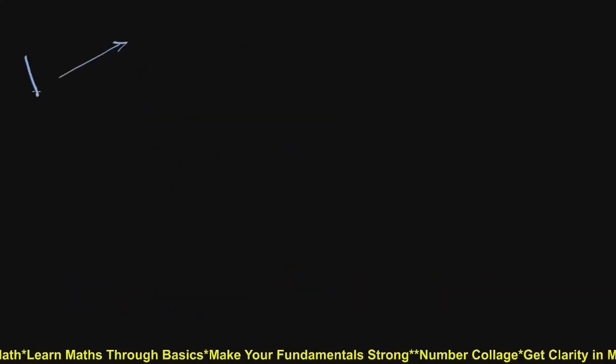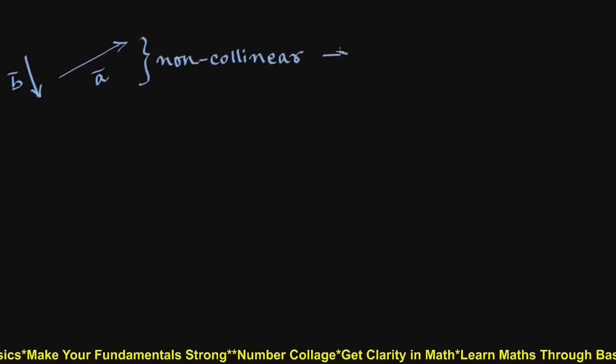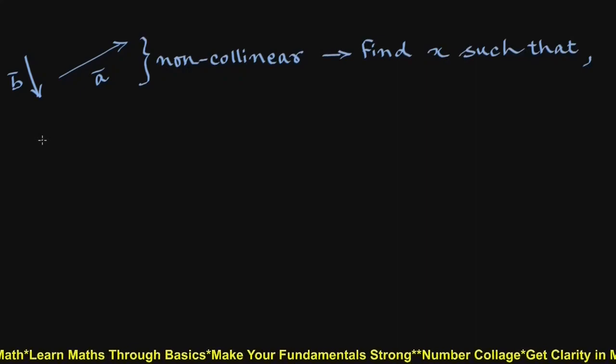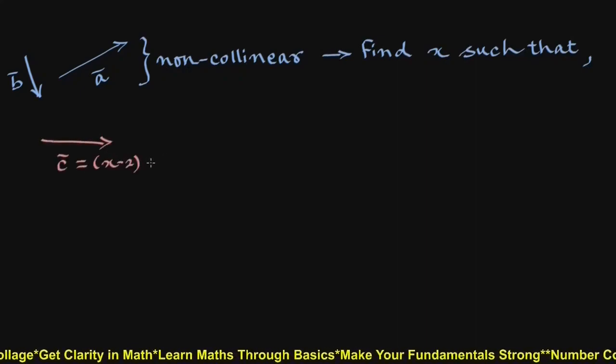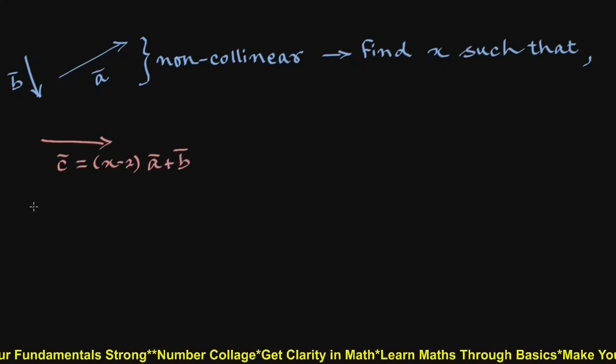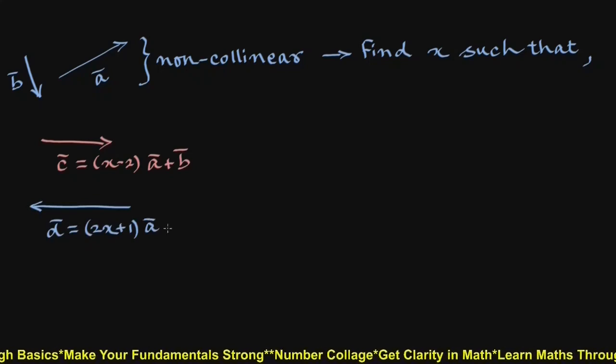Vectors a bar and b bar are non-collinear. We have to find x such that vector c bar, which is (x minus 2) a bar plus b bar, and d bar equals (2x plus 1) a bar minus b bar, are collinear.